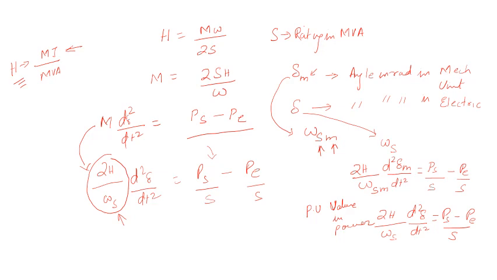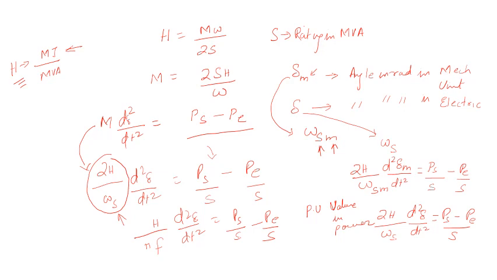Now it is operating at synchronous speed, so you can write this equation as 2H upon omega s, which is 2 pi f, d square delta upon dt square equals Ps upon S minus Pe upon S. Now you can cancel this, so you will remain with H upon pi f.